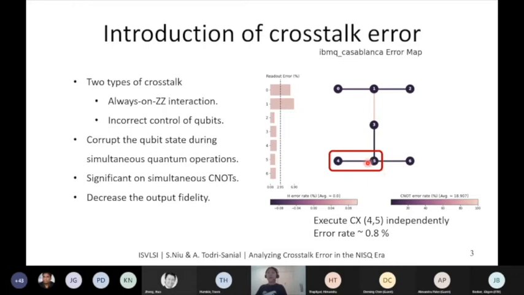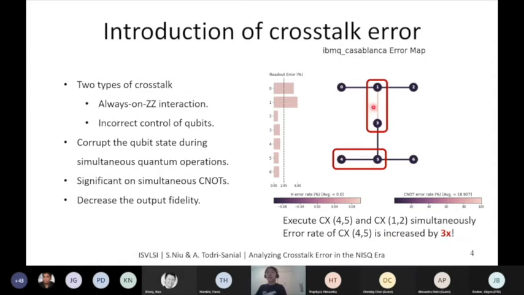Here, if we execute a CNOT gate between these two qubits independently, the error rate is about 0.8%. However, if we execute these two CNOTs simultaneously, the error rate of this CNOT gate is increased by 3 times. This huge increase is caused by the crosstalk.